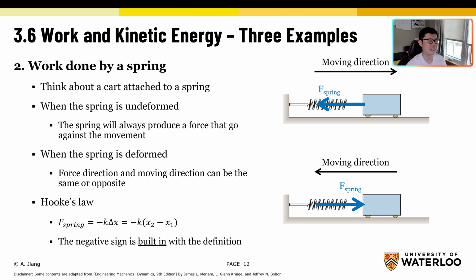Okay, about this negative sign here, I want to remind you, don't force yourself to think the negative sign is about the moving or force direction. It's actually not that simple. We will get confused easily if we do that. We'll talk about the built-in feature on the next slide and why this negative sign is mathematically making sense to us.